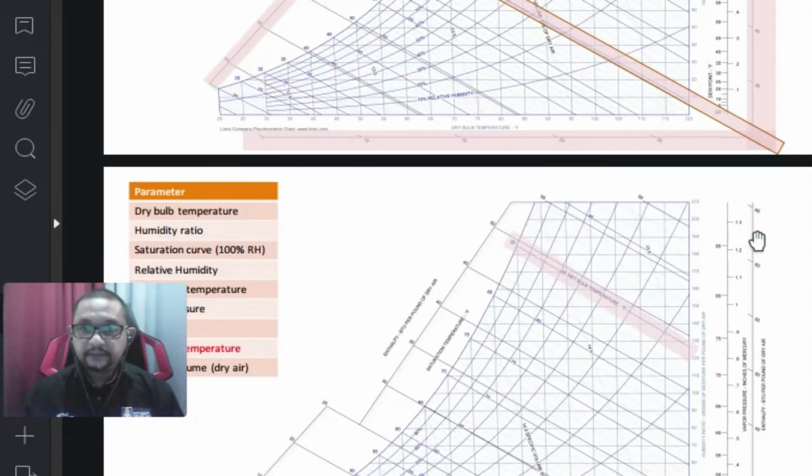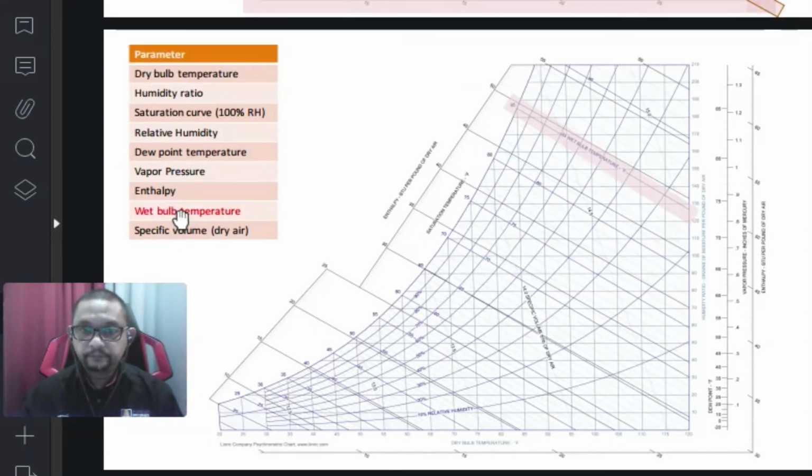Number eight is the wet bulb temperature. The wet bulb temperature is at this side, with values like 15, 18, 19. All these lines are the wet bulb temperature.